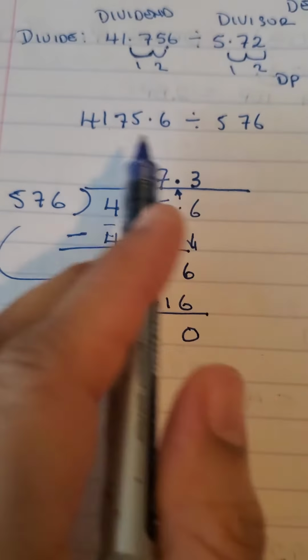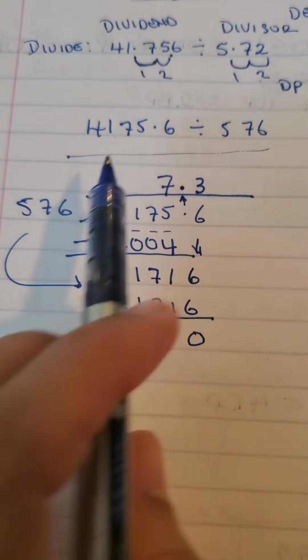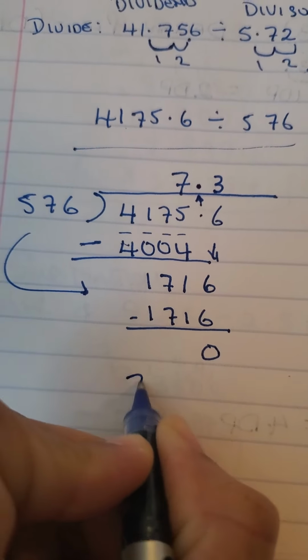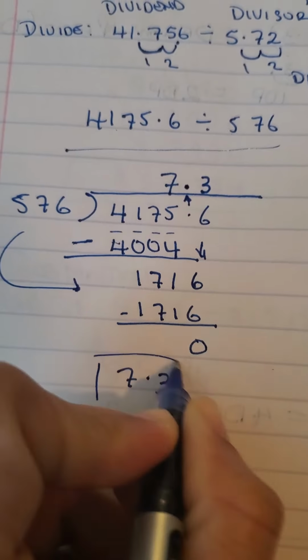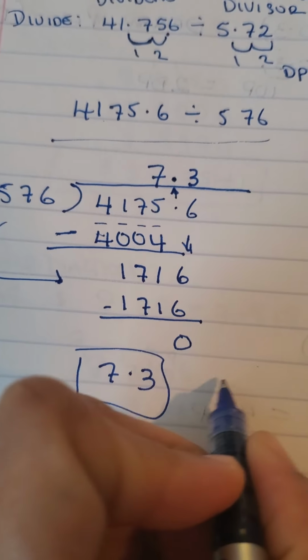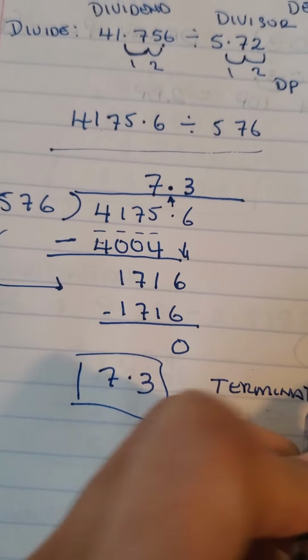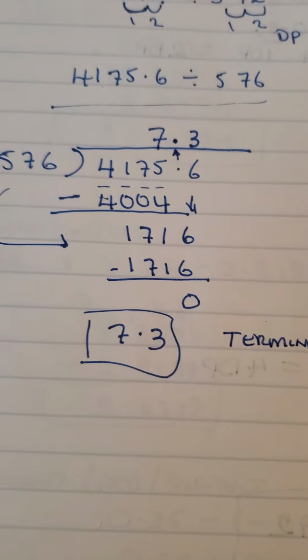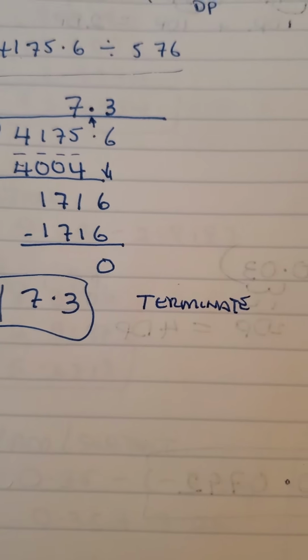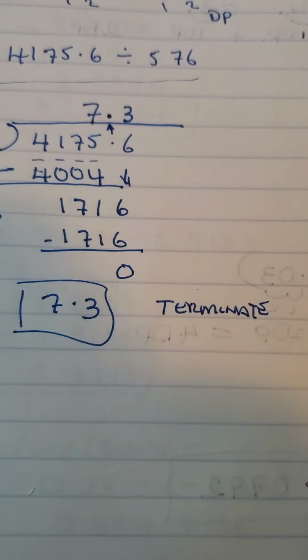The quotient of this enormous expression, with this large divisor and large dividend, is 7.3. Whenever you have no remainder, we can say the decimal terminates. If you remember in your notes, I gave you about 3 to 4 different cases in which your answer could either terminate, recur, or go on to infinity.